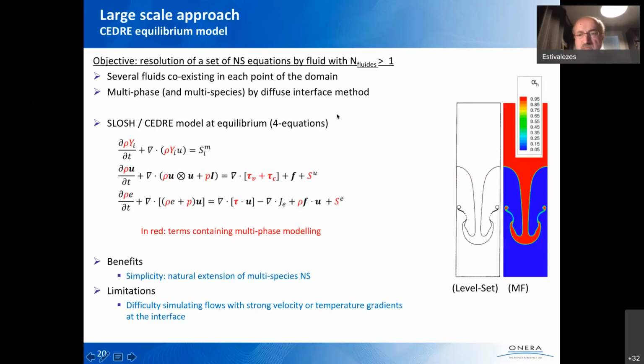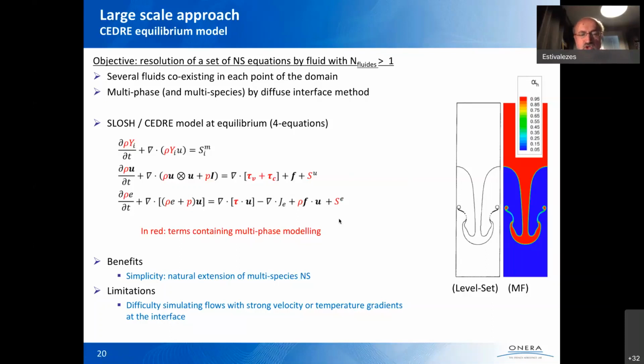That is, the liquid fraction, for example, is followed by solving a kind of transport equation like this, where Y is the mass fraction of one of the species or one of the phases. So this is quite simple to add more phases in this approach.